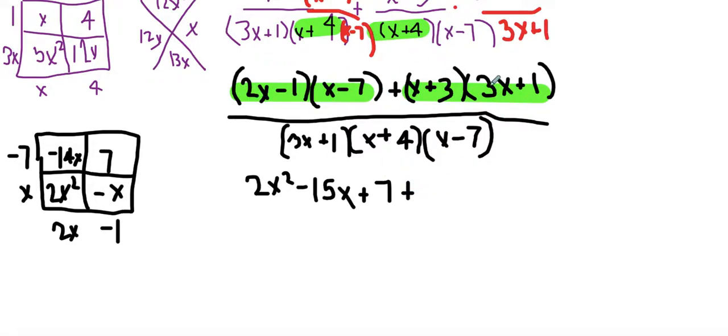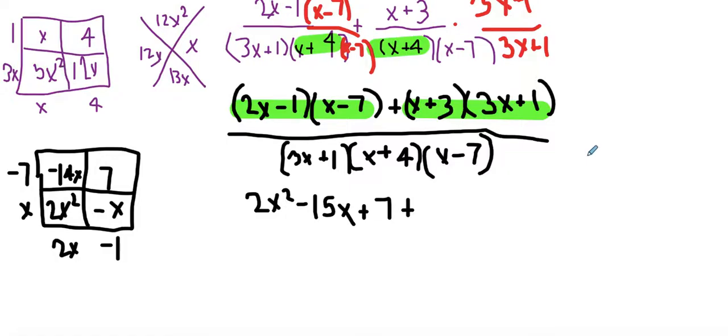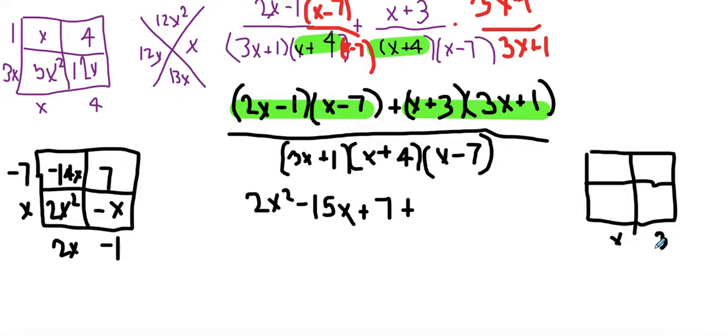Now I'm going to multiply x plus 3 times 3x plus 1. And we'll do that over here. So it's going to be 3x squared, 9x. Okay.